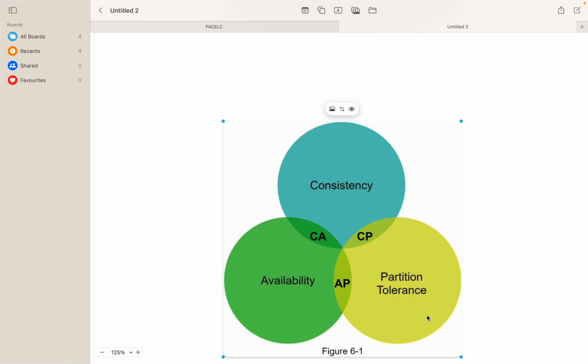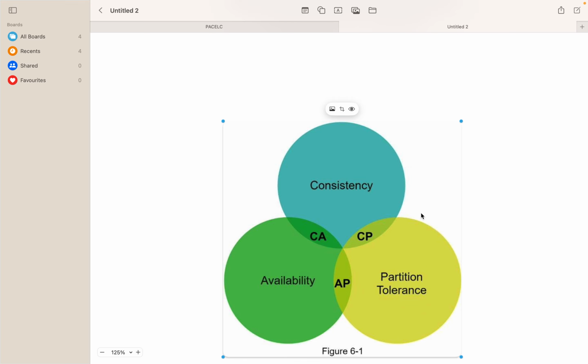What is partition tolerance here? Tolerance is the ability to respond in case of network failure, how the system responds when a network failure happens.